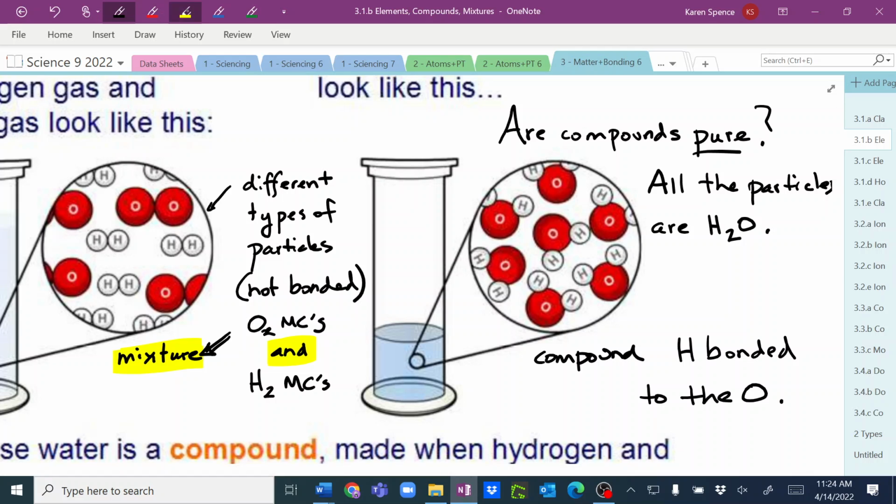Yes, and since all the particles are the same, then yes, it is pure. So when you have a mixture, you have different particles. When you have a pure substance, they're all the same particles, even though within that compound, each molecule has different atoms, but every single molecule is the same as every other molecule.